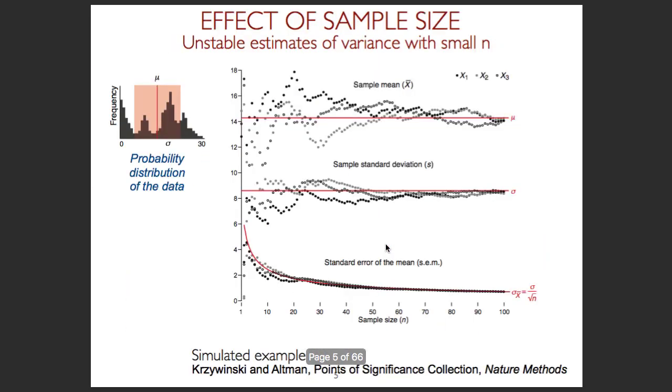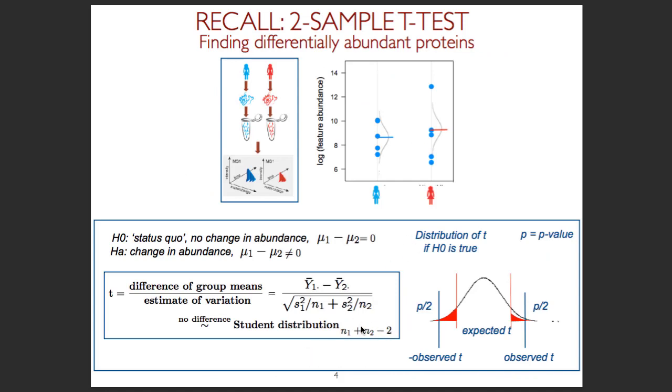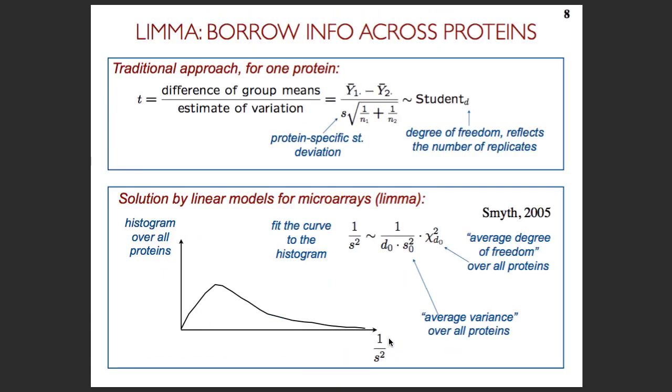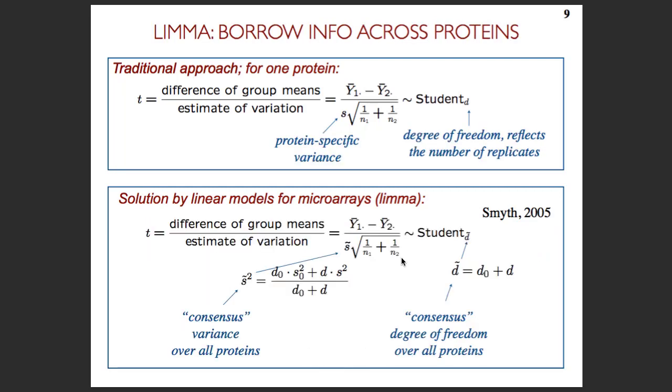So this degree of freedom is essentially an average quantity or consensus degree of freedom which we would have for each individual protein. And so now we can say that we assume that overall these inverse variances will follow the distribution. We derive parameters from the data, and then there's an additional step where we can integrate the consensus information across all the proteins with the protein-specific information, and it looks like that.